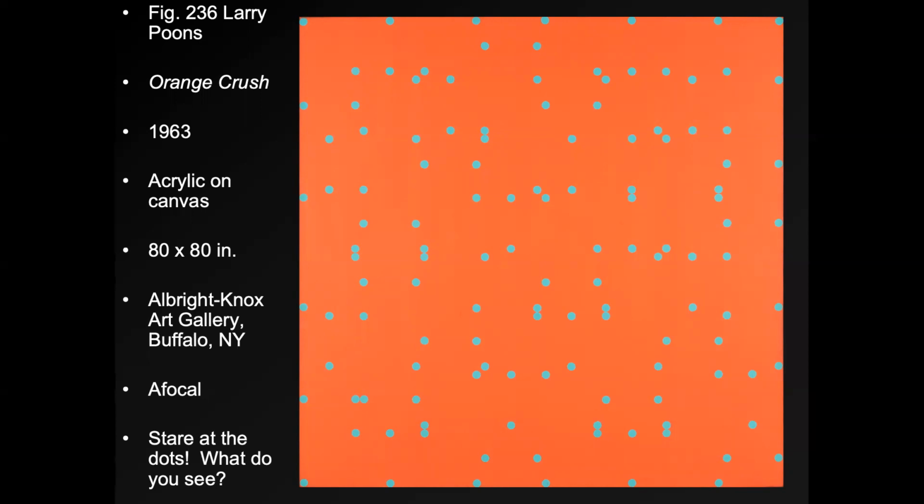And when they do, you start to see additional orange dots that are in the orange field. So he's taking advantage of that phenomenon that we talked about before. He's got an orange background and then green dots in here, or blue dots, depending on how you see these colors.